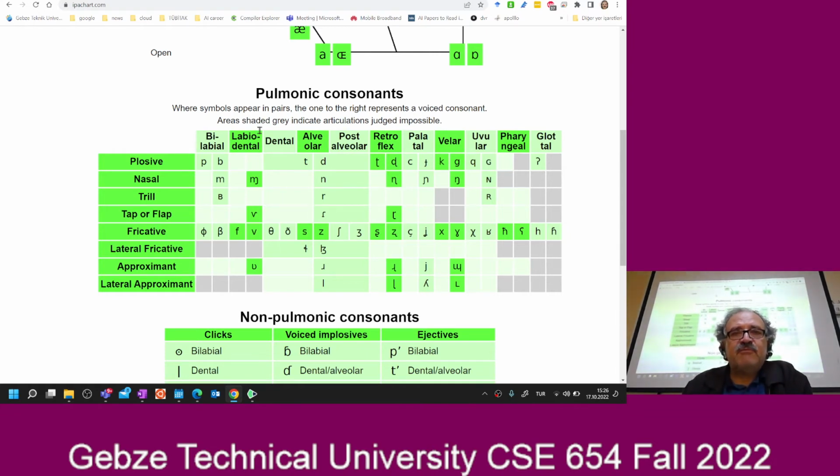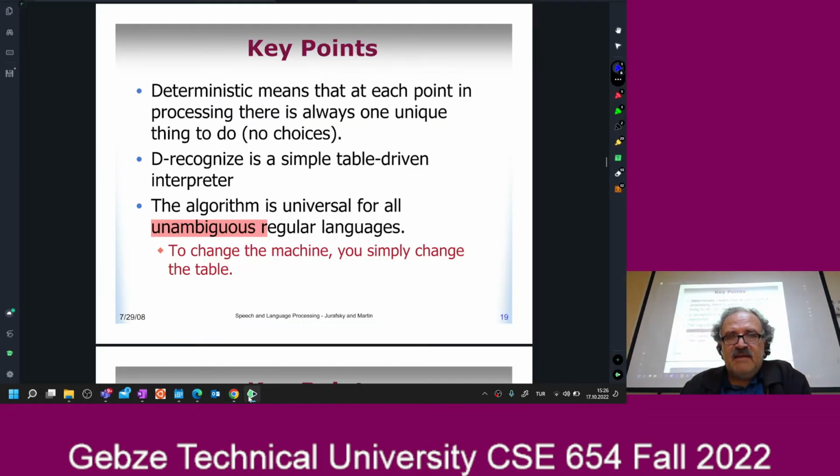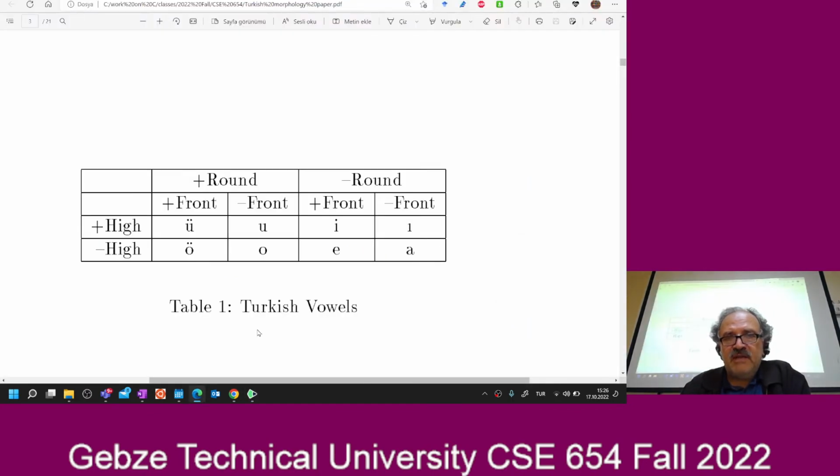What I'm trying to say is that we have all that information: where your tongue should be, the front of your tongue and the back side of your tongue, whether it should be high or low. And these are the lips.